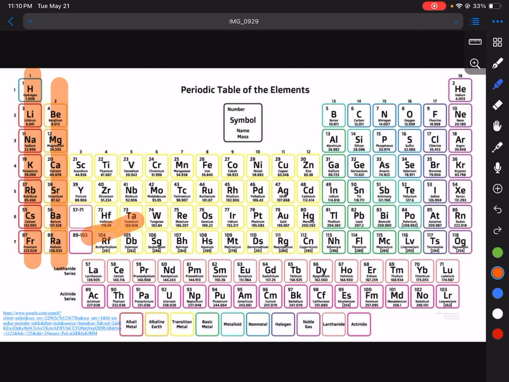We're going to skip this box because that's where group B is located. Then we're going to have group 3A, group 4A, 5A, group 6A, group 7A, which is also known as halogen.